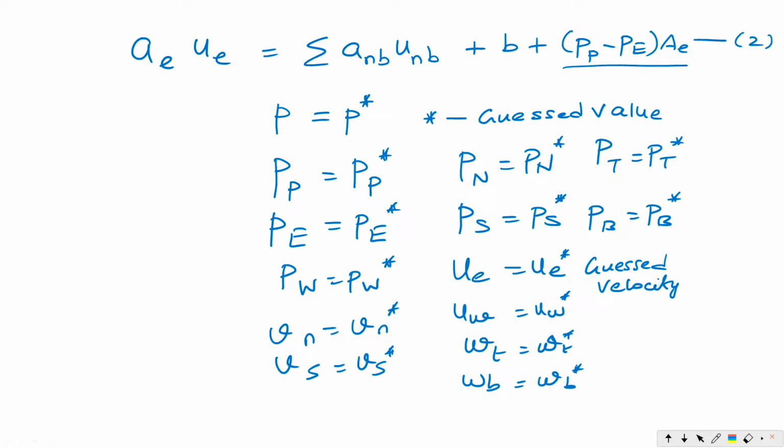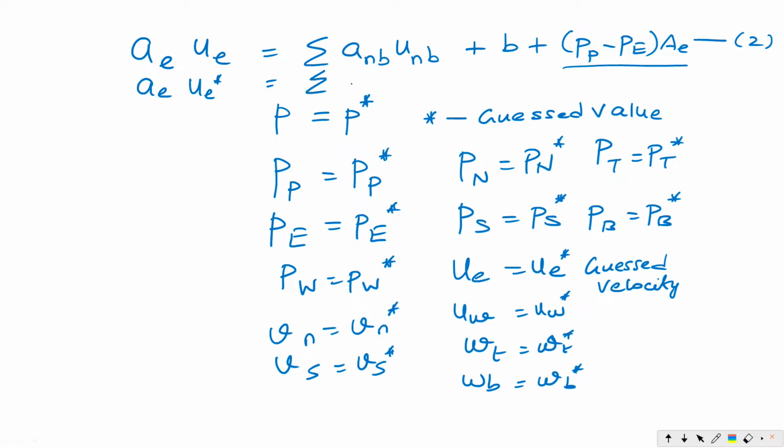And hence now, when I substitute PP equal to PP star and PE equal to PE star, I will end up with this equation. It will be AE UE star, why am I putting star? Because I am going to guess the value for the pressure, and hence the velocity will also become a guessed value.